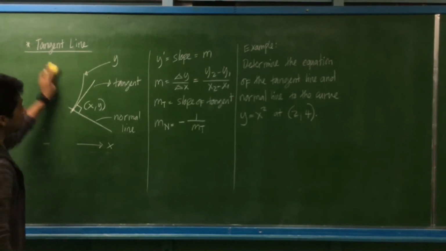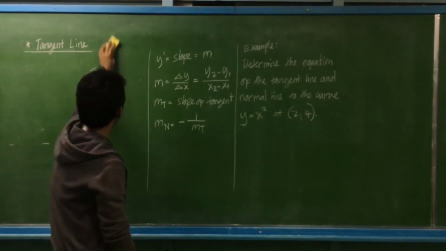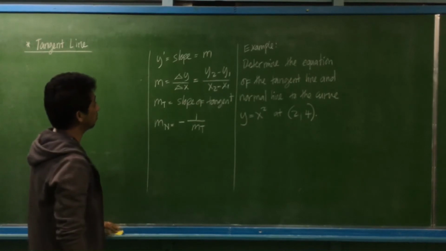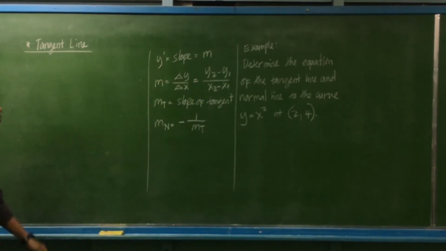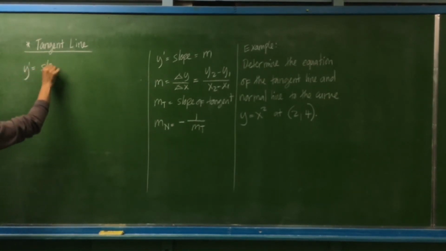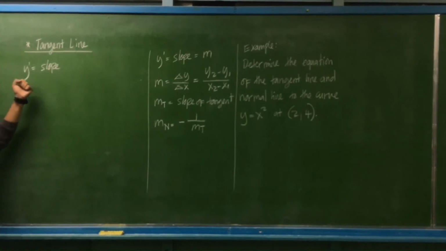Okay, as we said earlier, what is the definition of y prime? What is the definition of the first derivative of the given function? That is the same as the slope equation. So take note, y prime will give us the slope equation, or basically the slope.